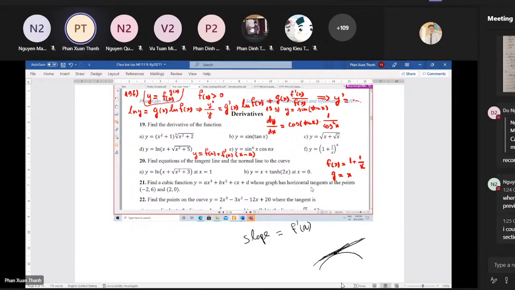What is a normal line? The normal line means a line that goes through this point and is perpendicular to the tangent line. So what is the slope of the normal line?